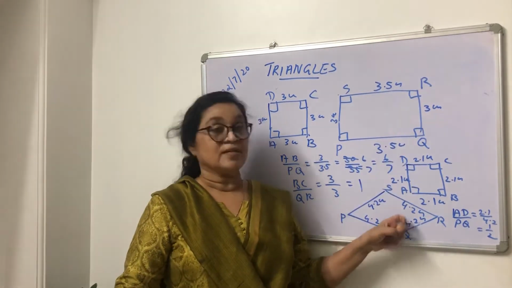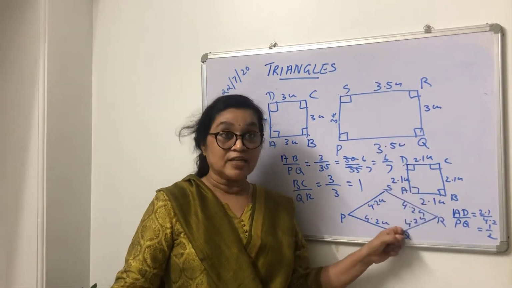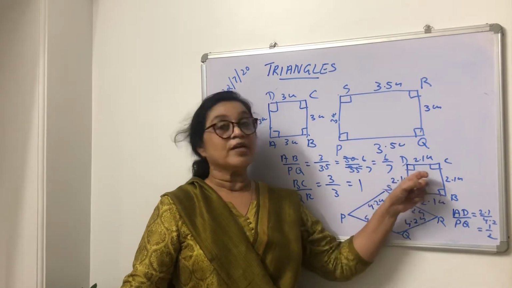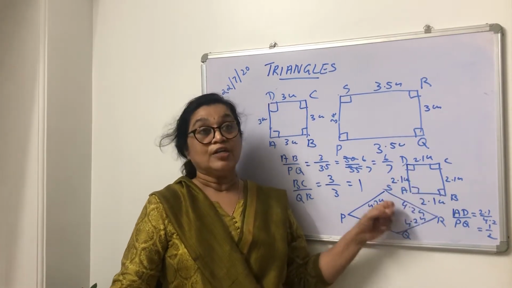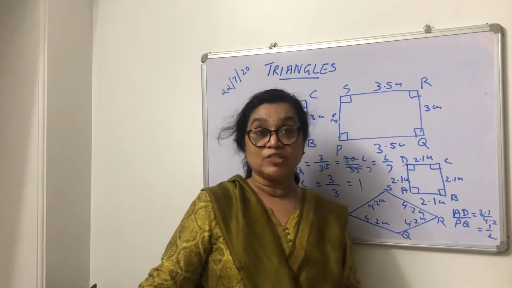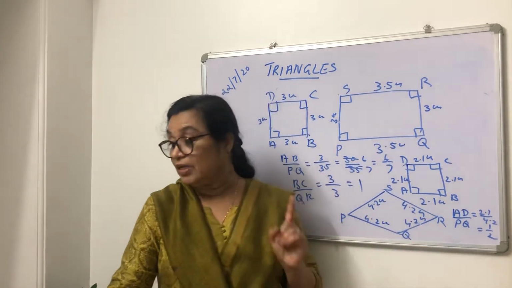In this case, corresponding sides are in the same ratio, but corresponding angles are not equal. In both cases, these figures are not similar, because both conditions of similarity should be satisfied. That means the corresponding angles should be equal and the corresponding sides should be in the same ratio. If both conditions are satisfied, then only the figures are similar.